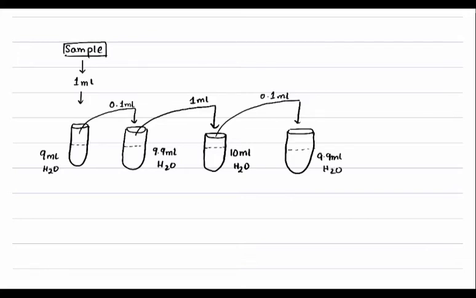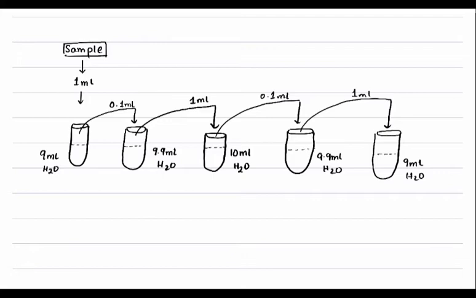Right. Finally, let's do it once more. Take out 1 ml and you put it into 9 ml of double distilled water. So these are the 5 dilutions that you make, and you serially diluted the sample.